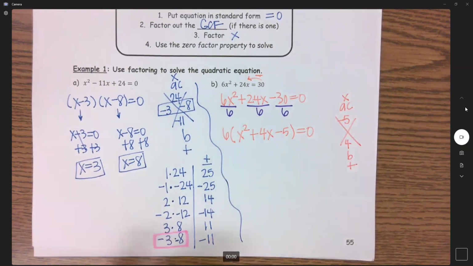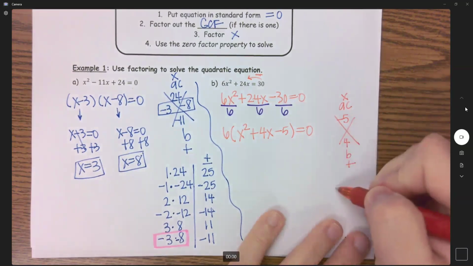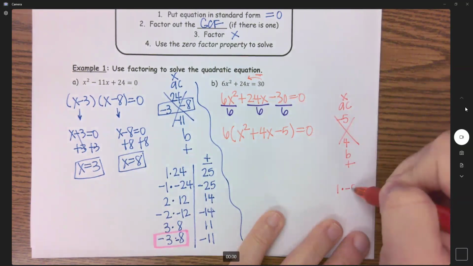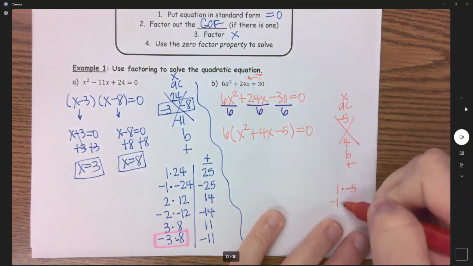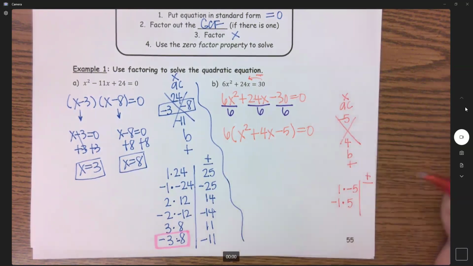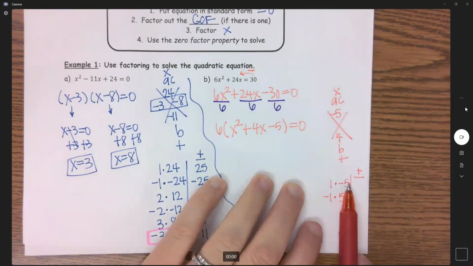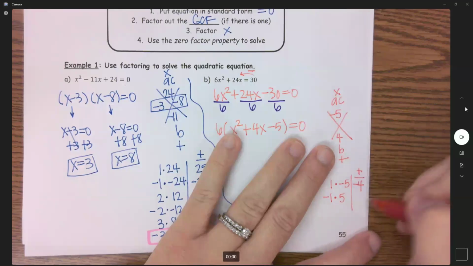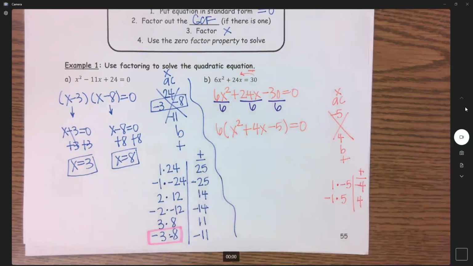Now, negative 5 is easy because that's a prime number. So that is either 1 times negative 5 or negative 1 times positive 5. So what do these add up to? Well, this one adds up to -4, and this one adds up to a +4.